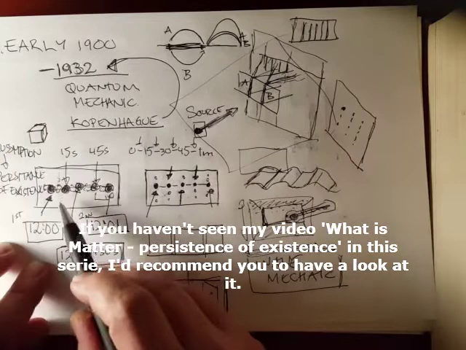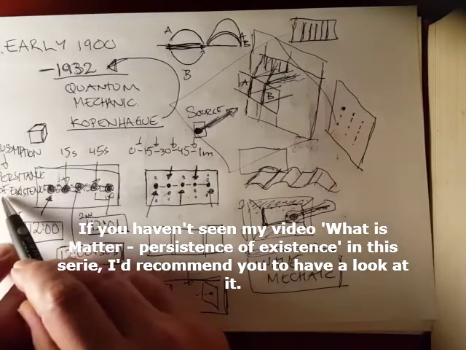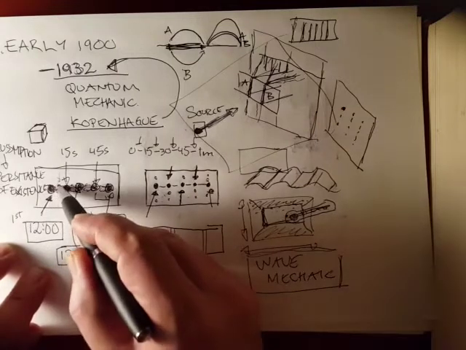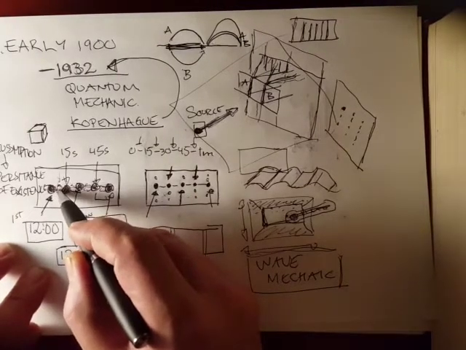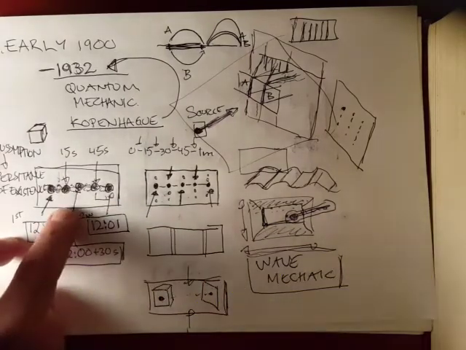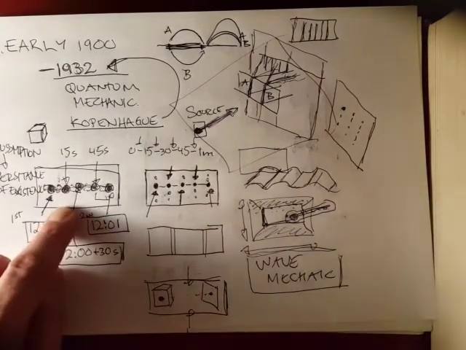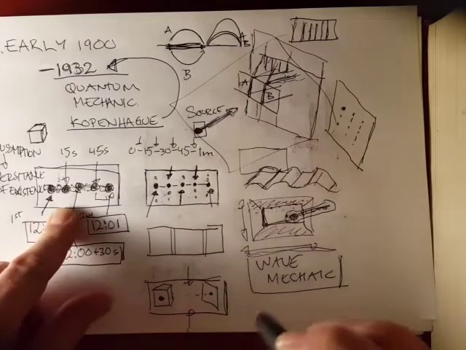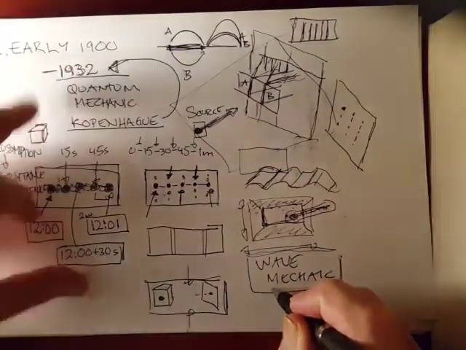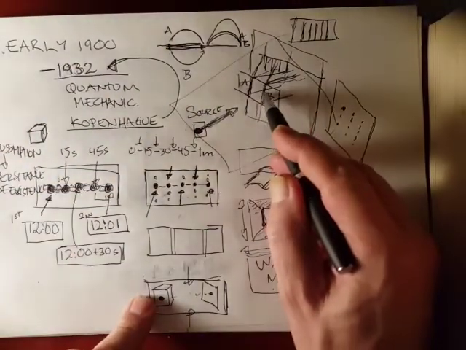We assume that there is persistence of existence, and when we presume that existence, we make an inference that it must have been in between there. And like I said before, it's a perfectly reasonable assumption to make. And it's never been questioned before the early 20th century, because of experiments like this.